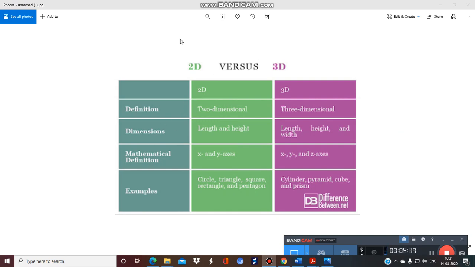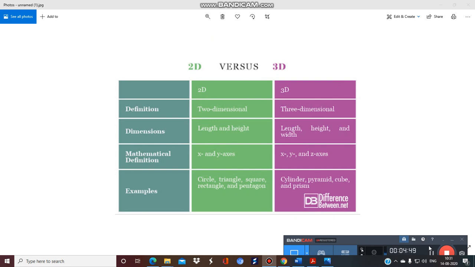If you have any doubt regarding 2D and 3D: in 2D there is a dimension of length and height, whereas in 3D you have length, height and also width. 2D has x and y axes; 3D has x, y and z axes. 2D shapes include circle, triangle, square, rectangle, whereas 3D shapes include pyramid, cube, prism.